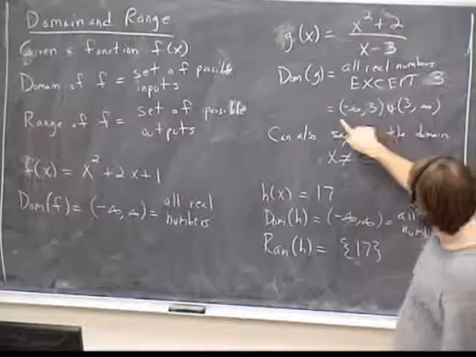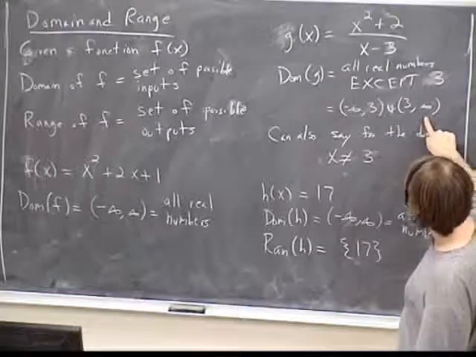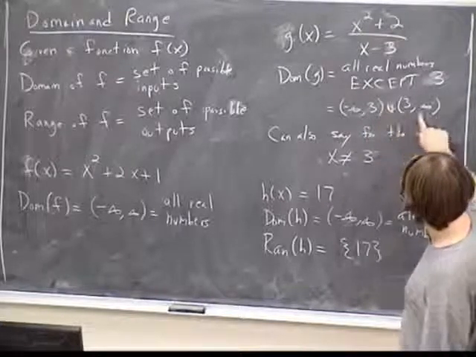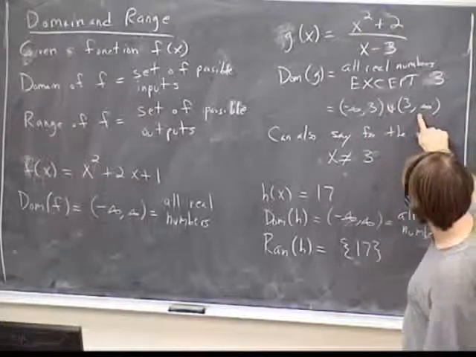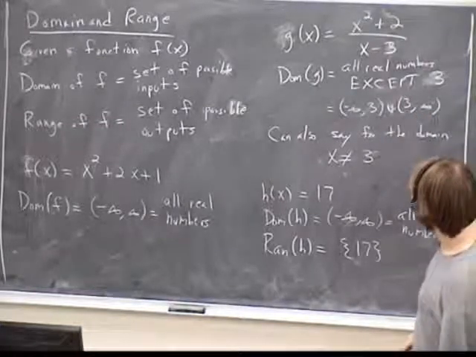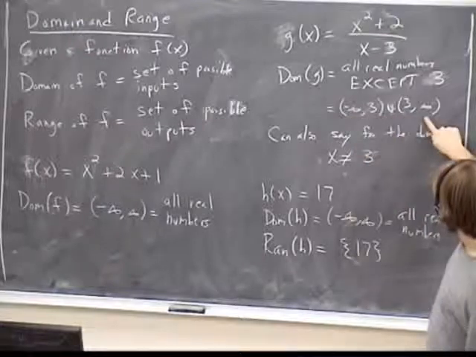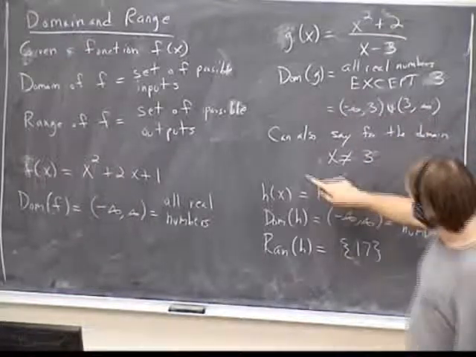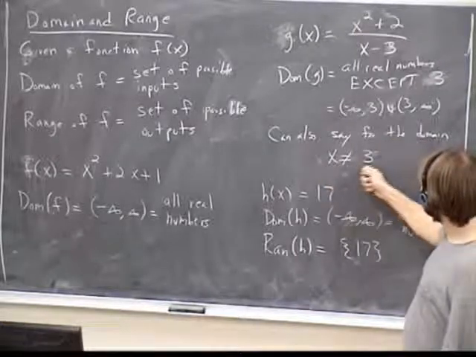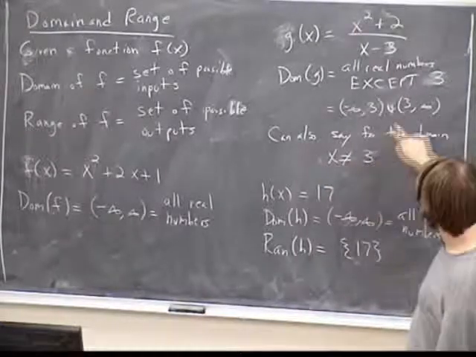If you pick any number that's not 3, it's contained in one of these pieces, and the only thing we're excluding is 3, which is what we want. Now, if this notation is too confusing for you right now, it may be easier to just say that the domain is x is not equal to 3. That's another way of saying the same thing.